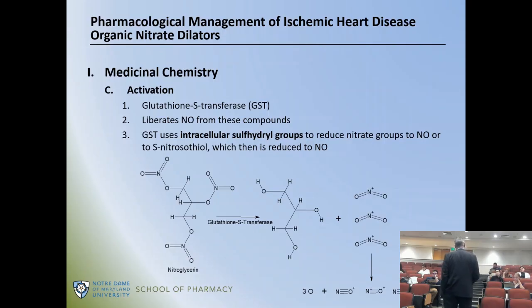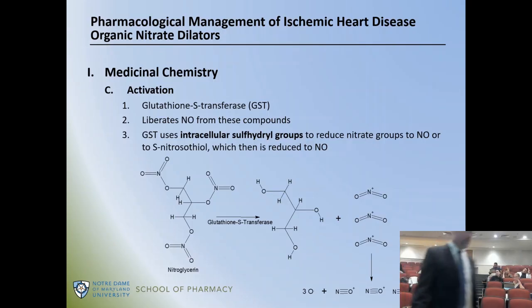The sulfhydryl groups that are an important cofactor here for this enzyme can get depleted in cells, and this reaction will then slow way, way down. And the amount of nitric oxide that's liberated from the drug molecules will go way, way down, and the effects of the nitrates will start to dissipate.